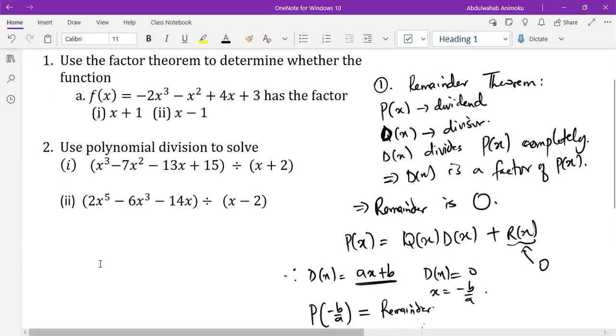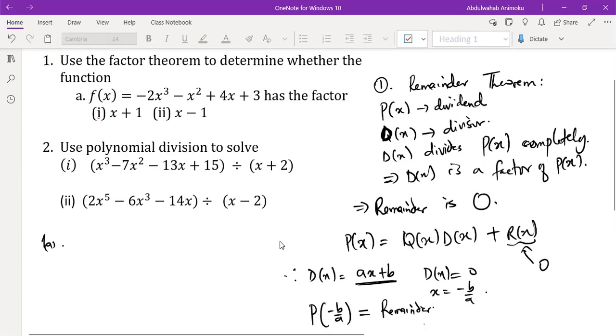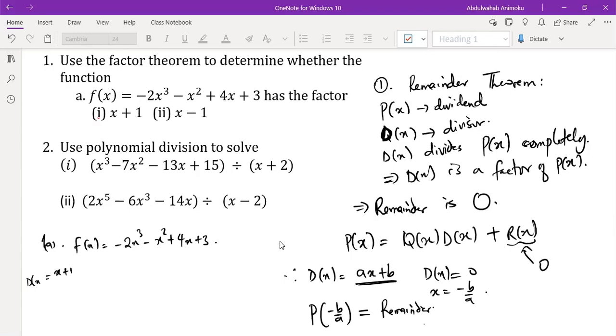Now, we're looking at the first problem, 1a. We have this polynomial f of x, which is minus 2x cubed minus x squared plus 4x plus 3. Now, if x plus 1 is a factor, so this is the divisor d of x, what must be true?